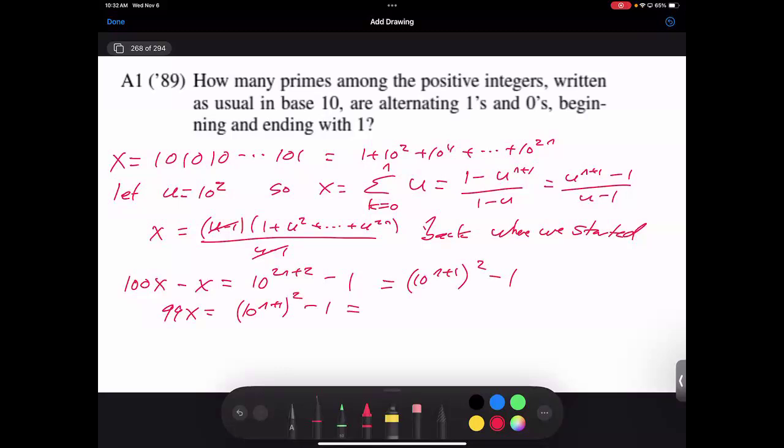How can I factor the right-hand side? Well, I've got the difference of two squares, right? So how would you factor a squared minus b squared?